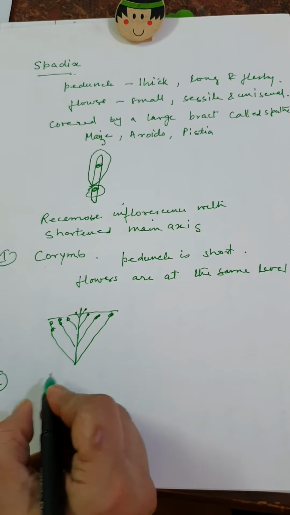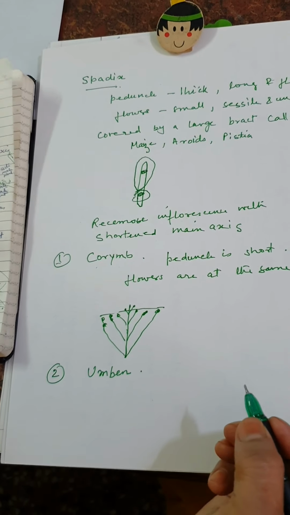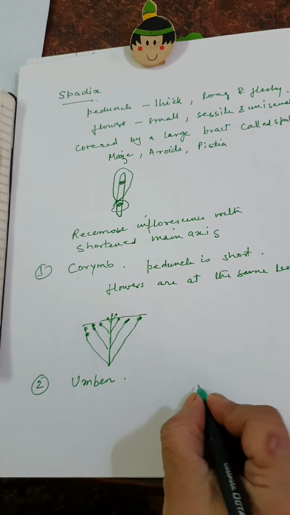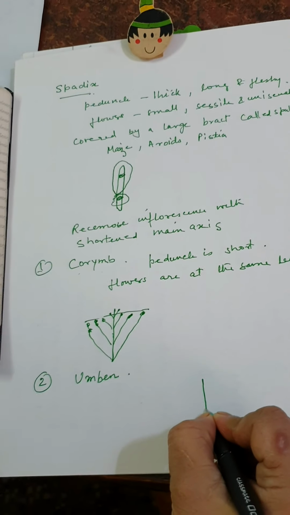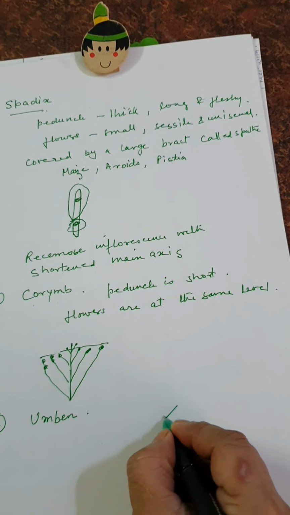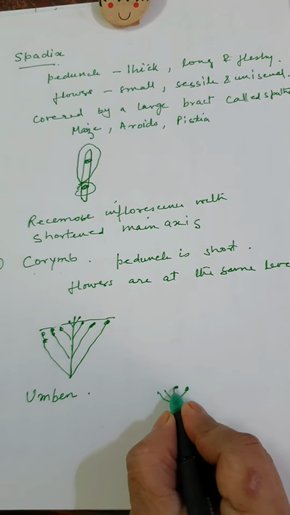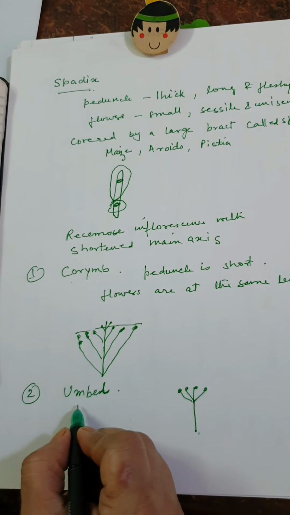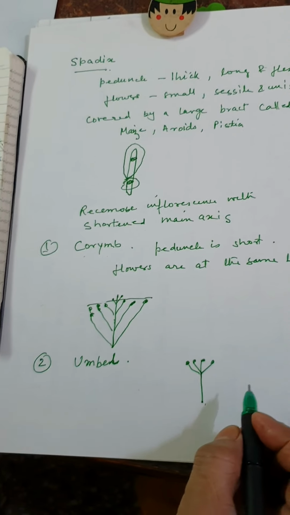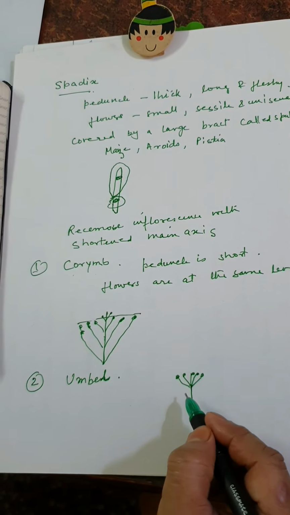Next is umbel. When pedicellate flowers arise from a common point, the pedicel is small, and the flowers arise from a common point.